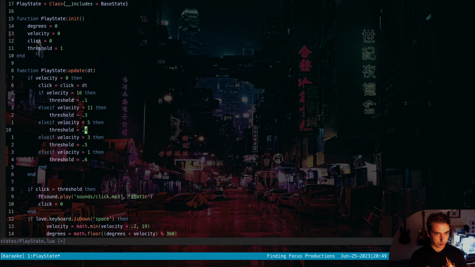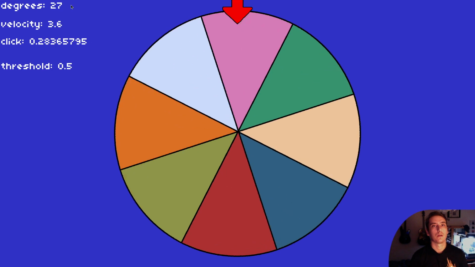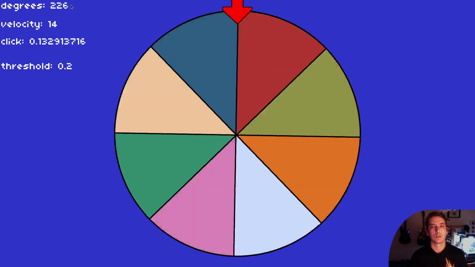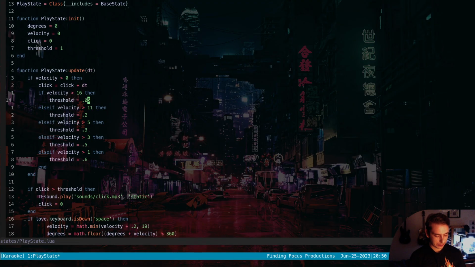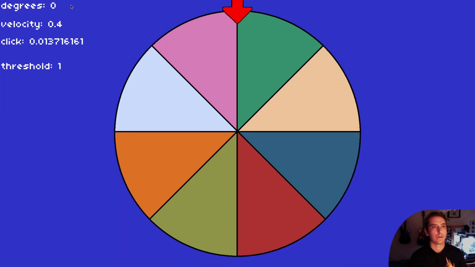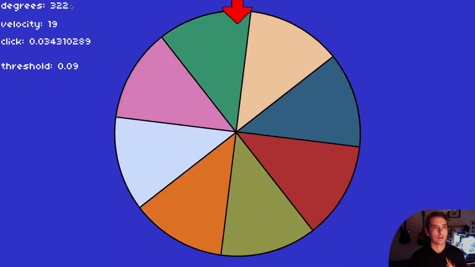So we want maybe a 0.3, a 0.2, then a 0.05 max speed. Something like that. 0.5 is too much. Yes, that's the shit. I am so happy with that.